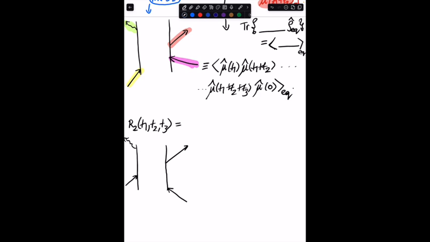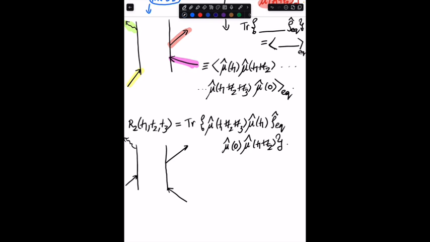So in this case, you write it as the trace, again of the equilibrium density operator, and in this case, from the ket side, you have mu T1 plus T2 plus T3, and then you have mu T1, and these two act on the ket side of the equilibrium density operator, and from the bra side, you have mu 0 and mu T1 plus T2.